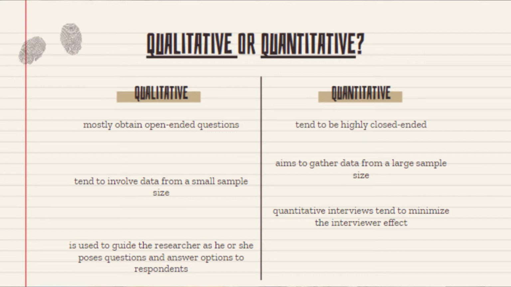Lastly, quantitative interviews tend to minimize the interviewer effect, which means that the responses of the participants may be affected by the behavior displayed by the researcher or the manner that the questions are presented. Due to these reasons, the structured type of interview is the most applicable to quantitative research. Unstructured, semi-structured, informal interviews, and focus group discussion are used in qualitative research.